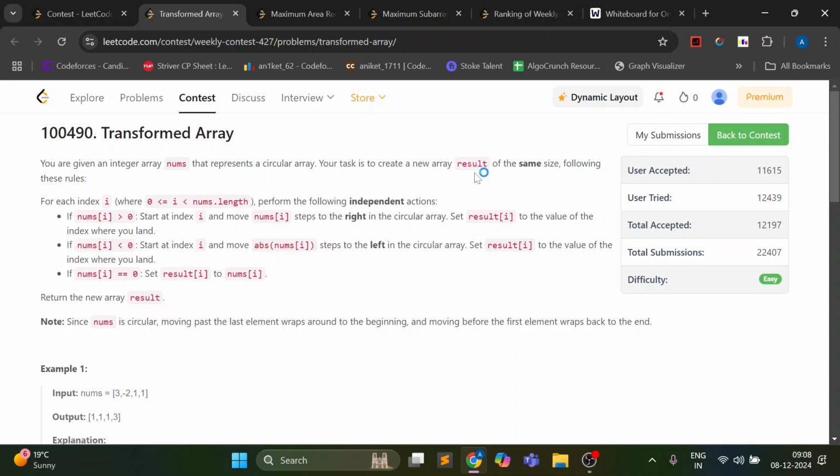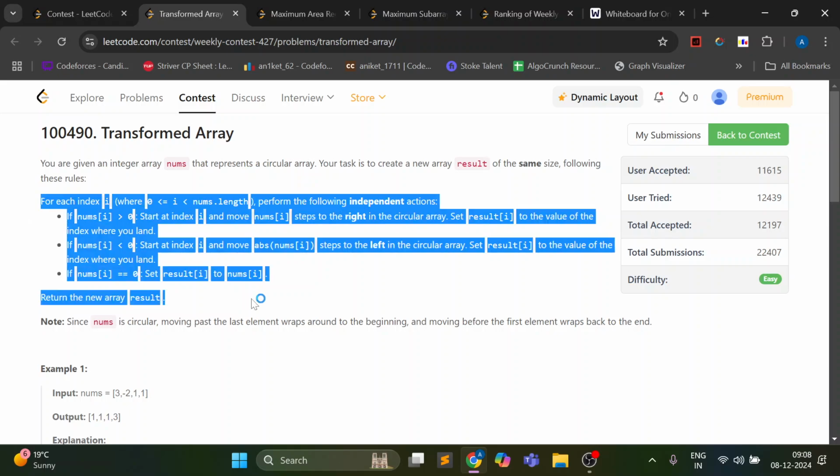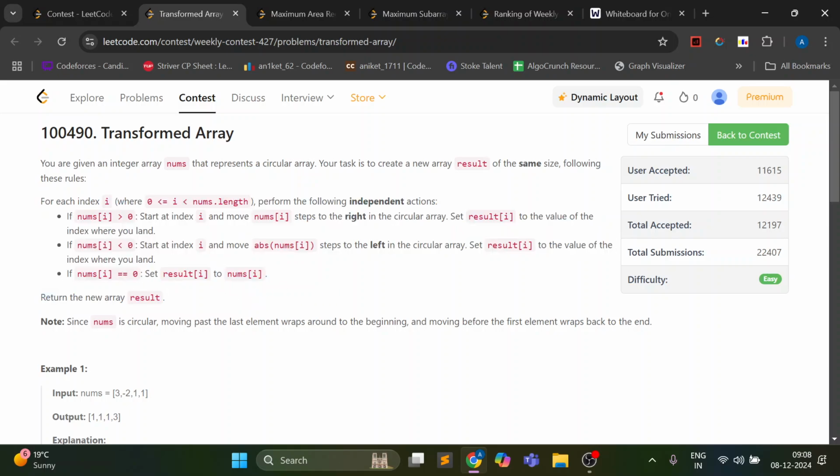So we have to create a new array result of the same size, which follows these rules. For each index i, where i is from 0 to nums length, we have to perform some actions.